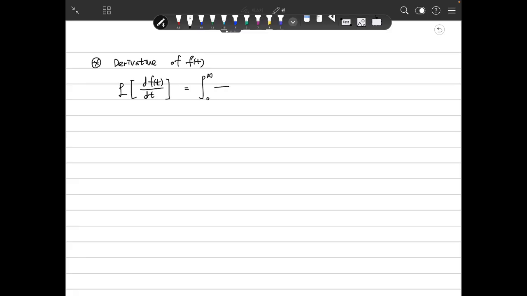Integral 0 to infinity of d/dt f(t) exponential minus st dt.